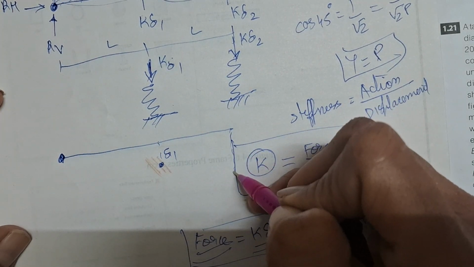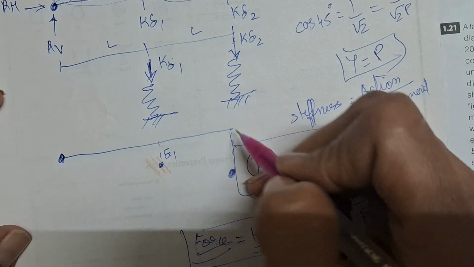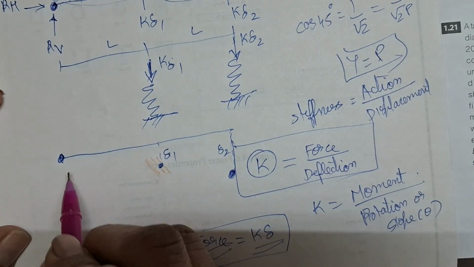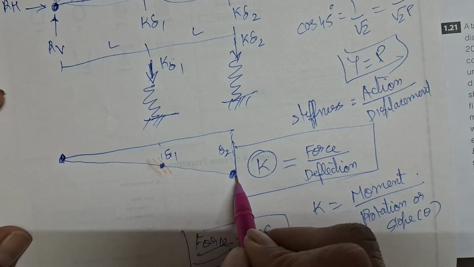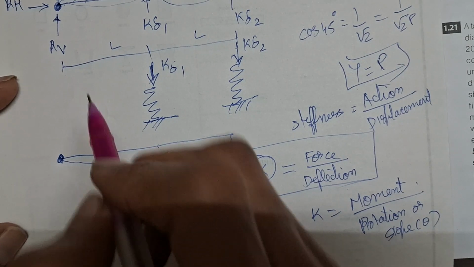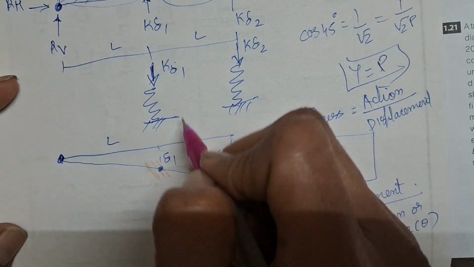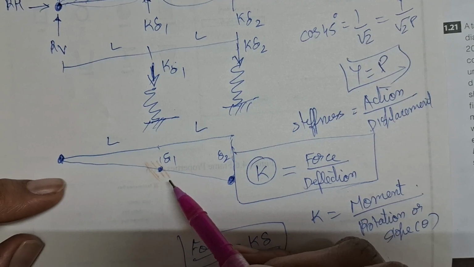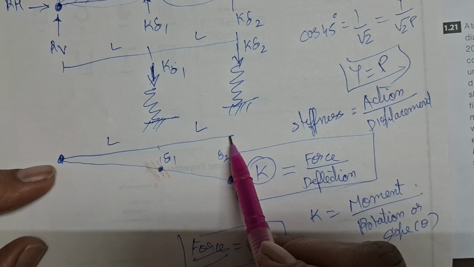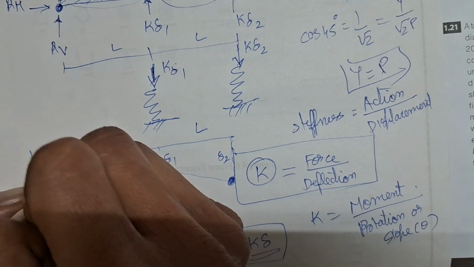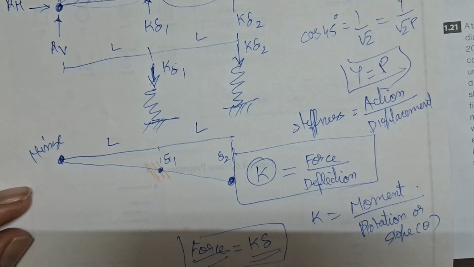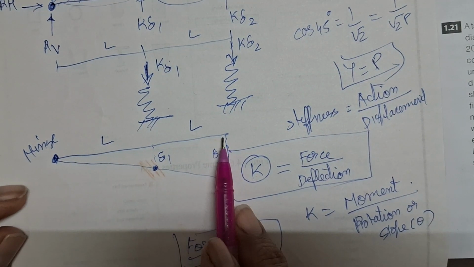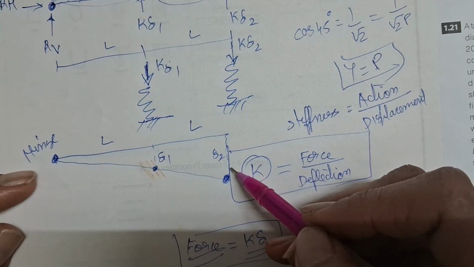Here also it will be deflected somewhat over here. This is your delta 2. Okay, let's join these points. So you can see this distance is L, this distance is L. For L distance your deflection is delta 1. For 2L distance from the hinge, this is your hinge point, your deflection is delta 2.